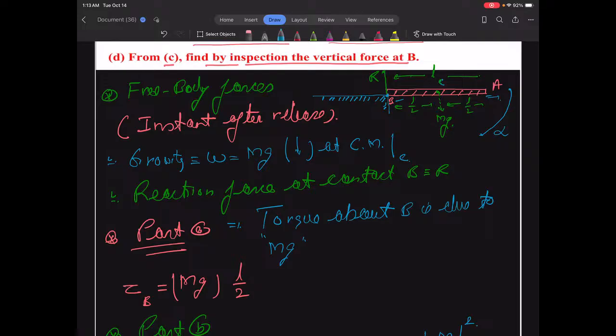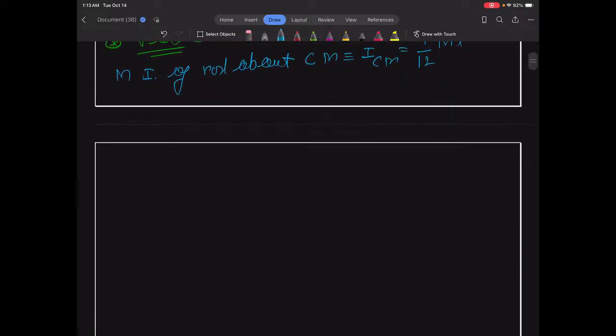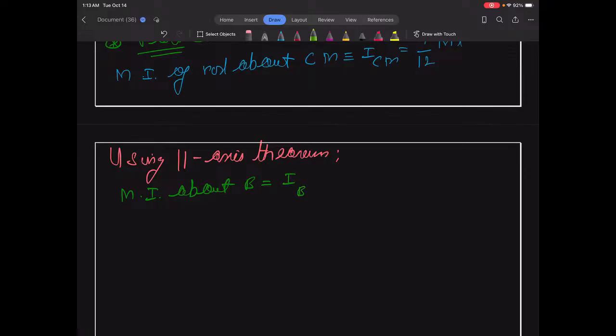so therefore we are going to use the parallel axis theorem and find the moment of inertia about this point B. Using the parallel axis theorem, the moment of inertia about B, which we suppose is I_B, will be equal to the moment of inertia about the center of mass of the body plus m d squared, where d is the distance between the two.